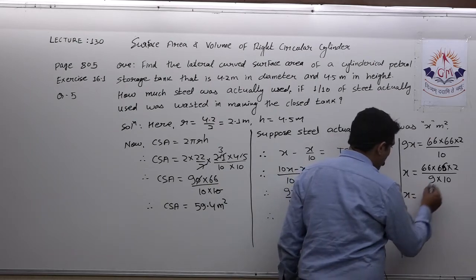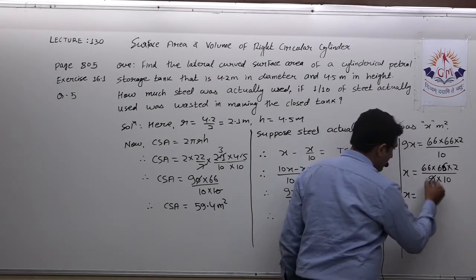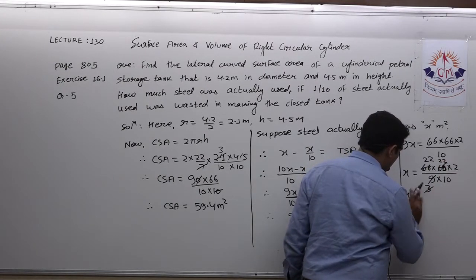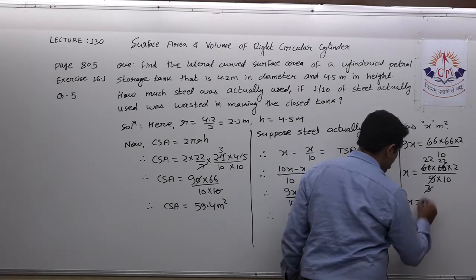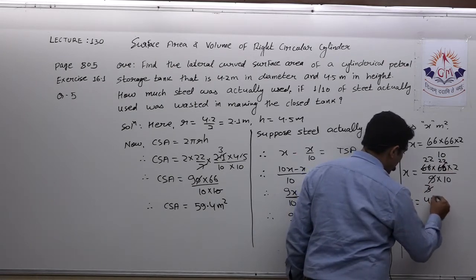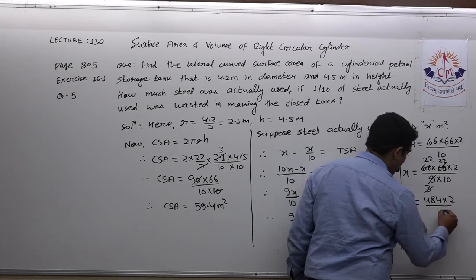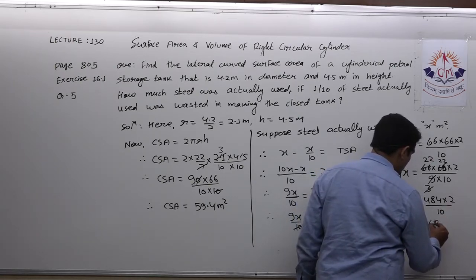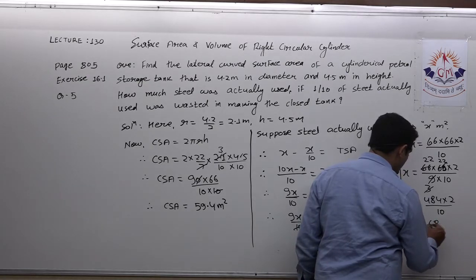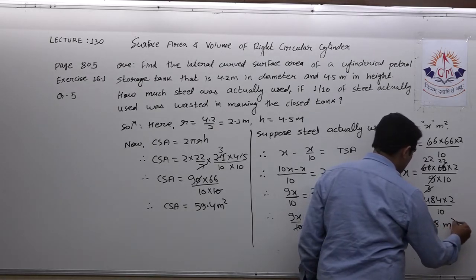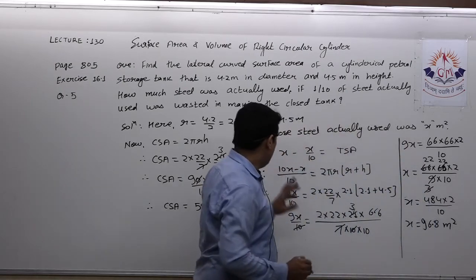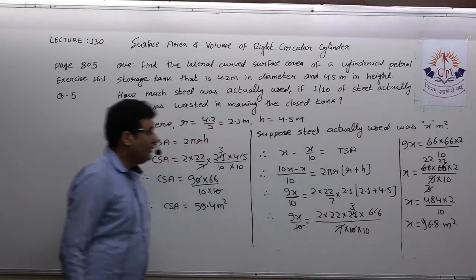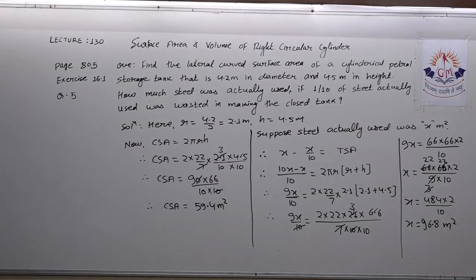Okay, so I can cancel it with 3, 3 threes are 9, here 22, again 3, so here 22. So now I have x is equal to 22 into 22, that is 484, multiplied by 2 divided by 10. So x is equal to 96.8 meters square. That is the actually used steel, 96.8 meters square. So please note it down. Then we will see the next question.